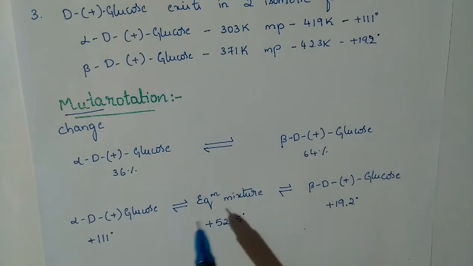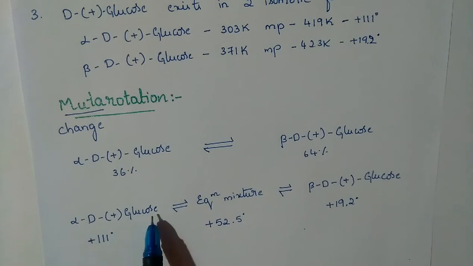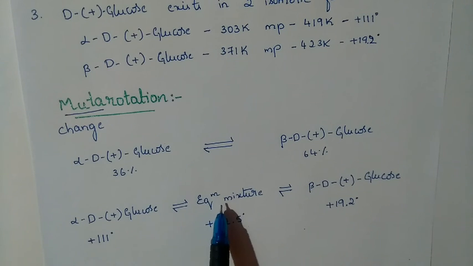This process of change in the specific rotation with time is called mutarotation, and this value of specific rotation is called the equilibrium value. When we take alpha D plus glucose, there is a decrease in the specific rotation.